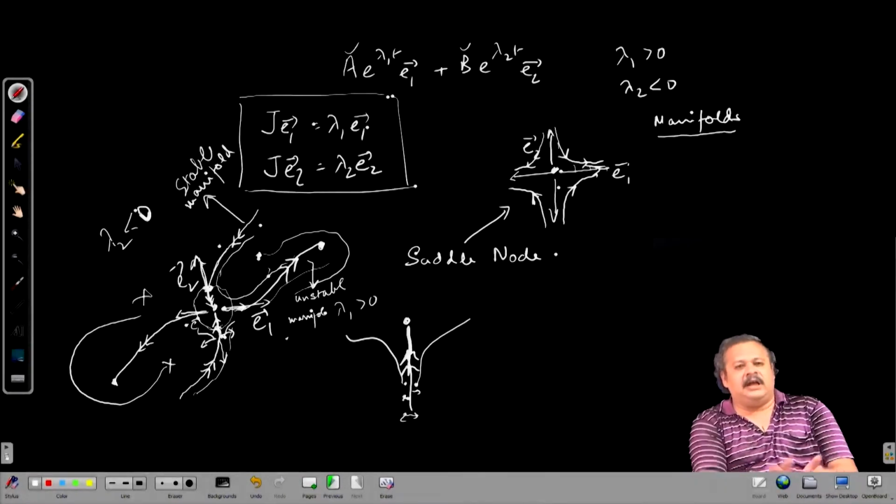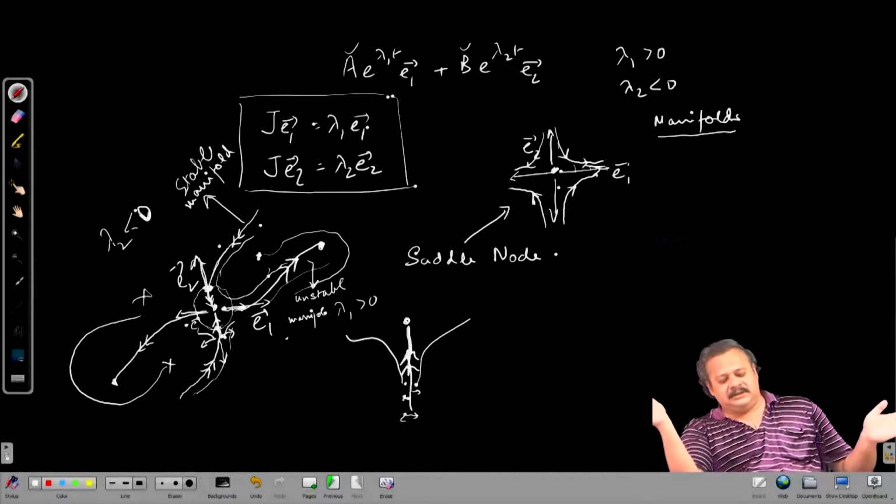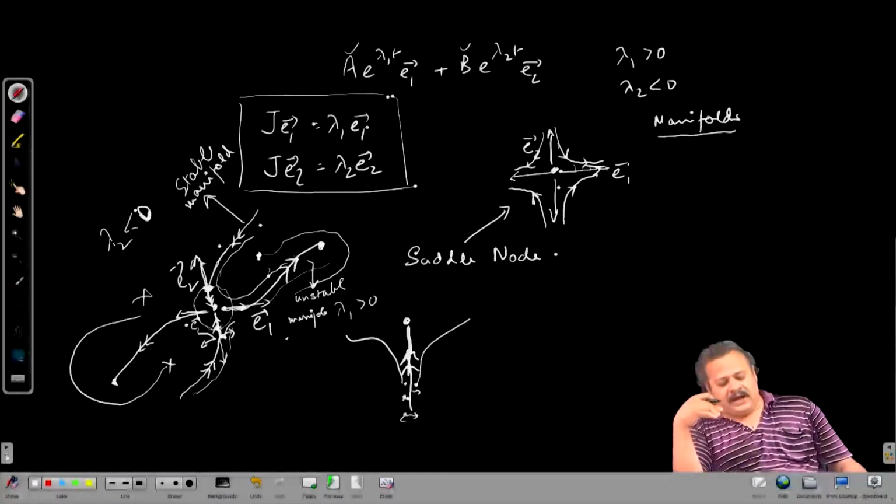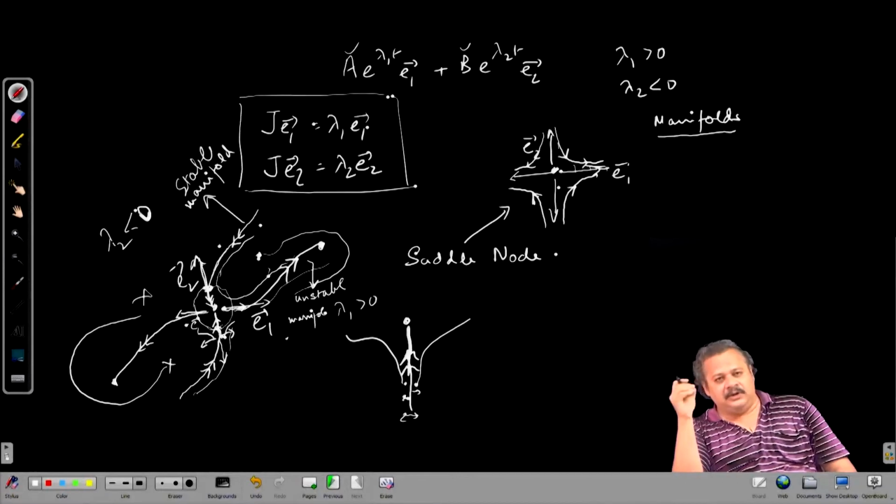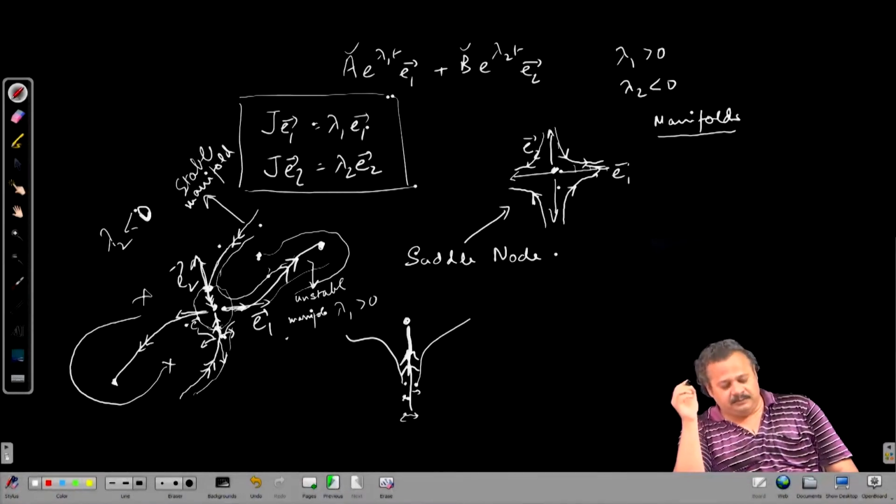One will diverge along the positive direction of the eigenvector whose corresponding eigenvalue is positive, and the other will diverge along the negative direction of that same eigenvector.